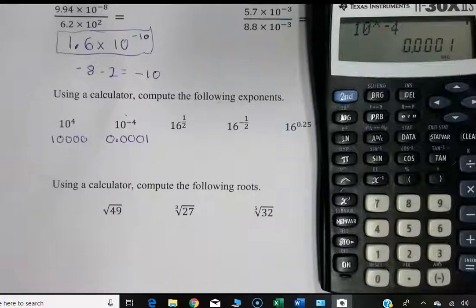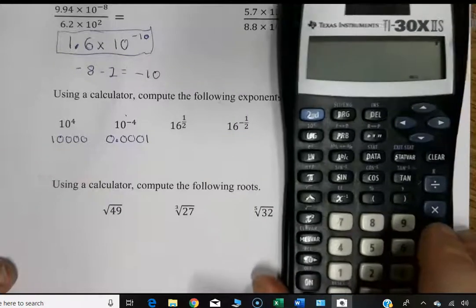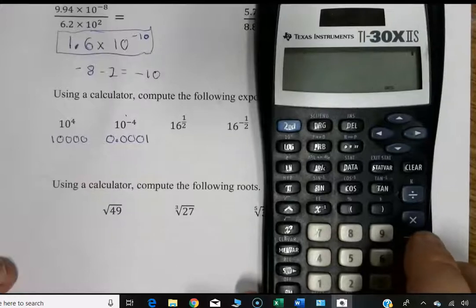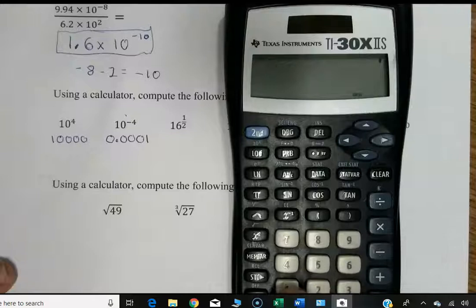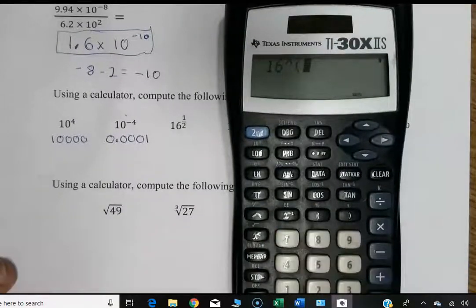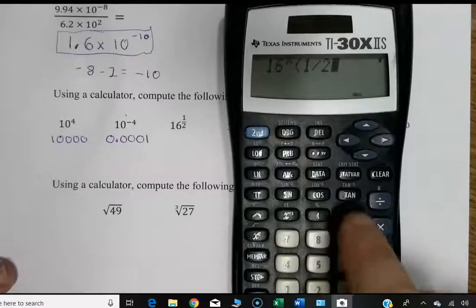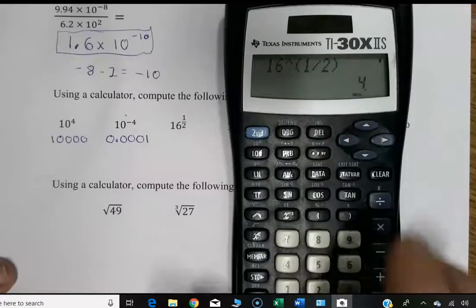Okay. Now, how about 16 to the 1/2 power? Well, some of you might recognize that 1/2 is 0.5. You could do it that way, but what if you didn't recognize that was 0.5 or it was some other fraction that wasn't quite as obvious? So what do we do? We say 16, caret, parenthesis, 1 divided by 2, end parenthesis, and then hit enter, or equals, and you get 4.